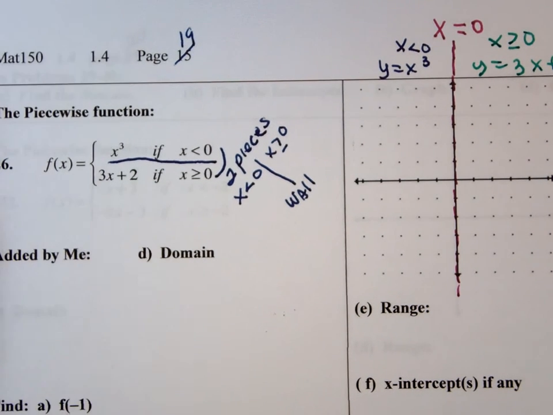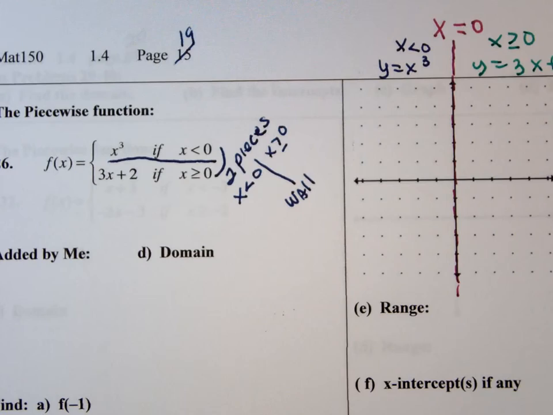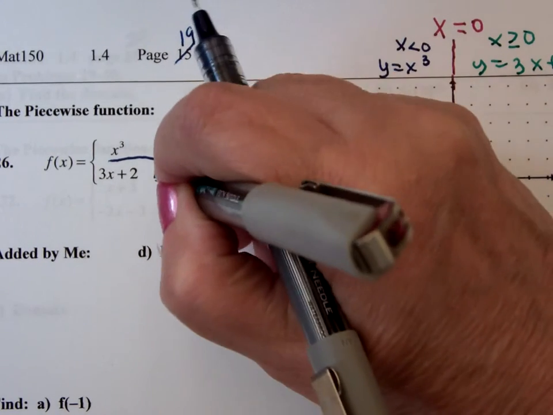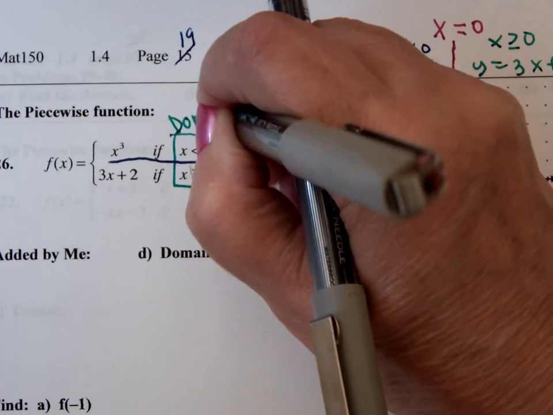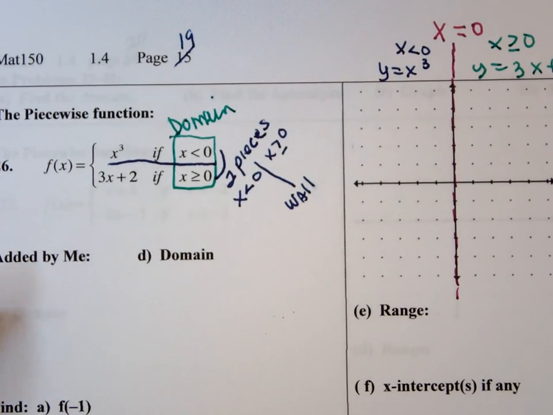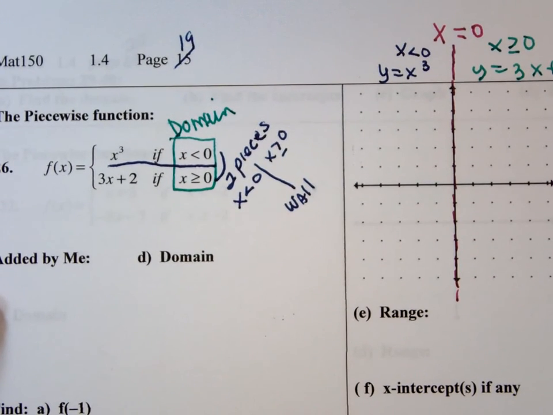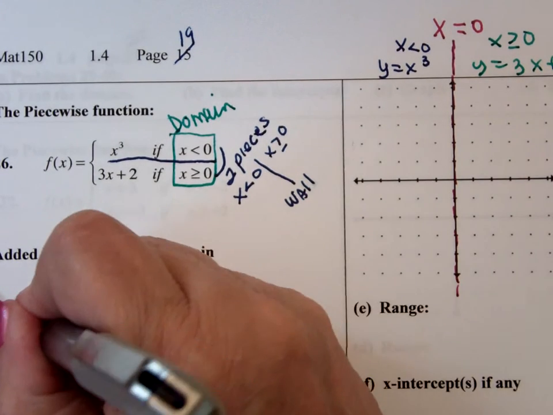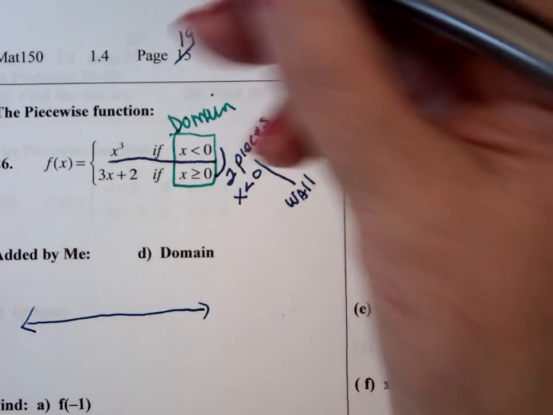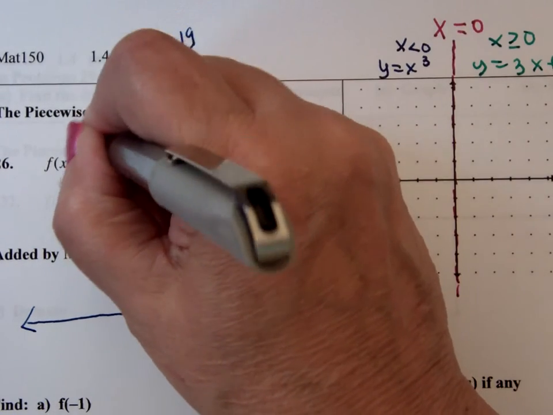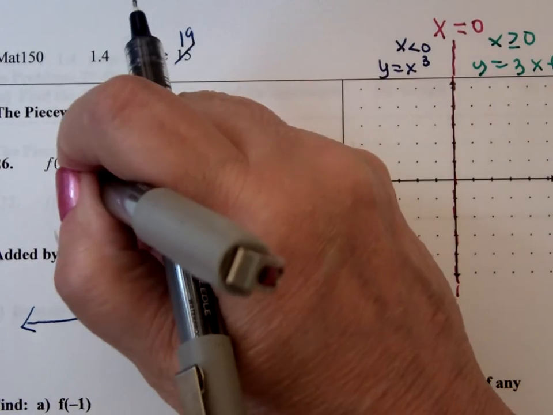If I look at the domain, this is your domain, the domain of f of x. So if I were to draw a number line, I have two graphs. There's 1, there's 2.